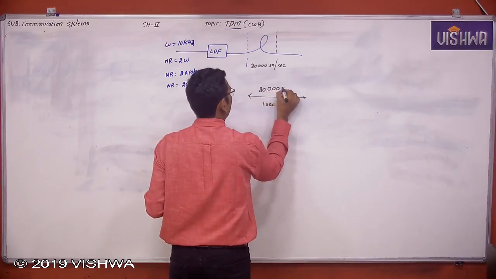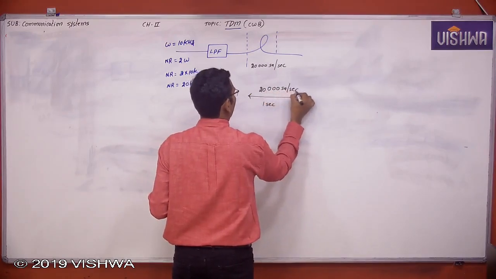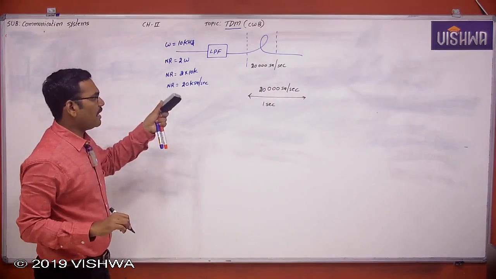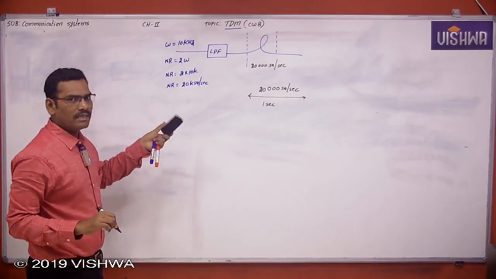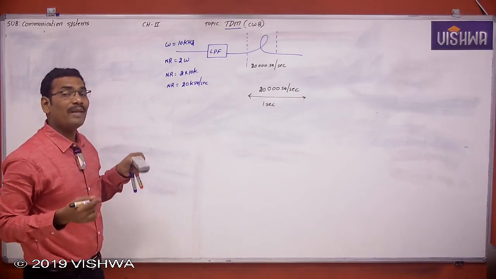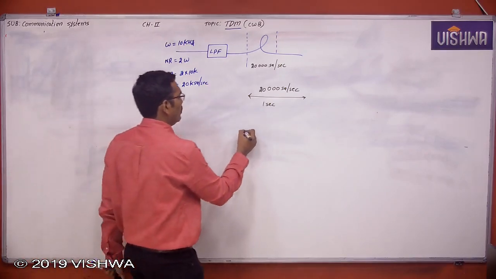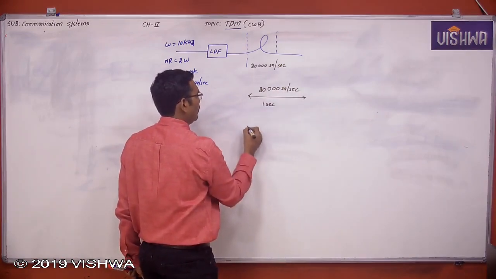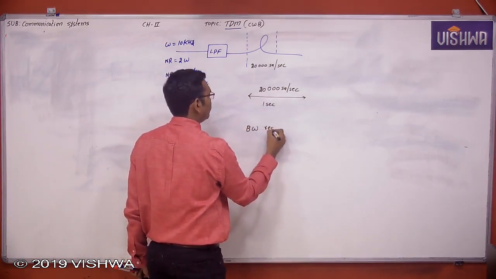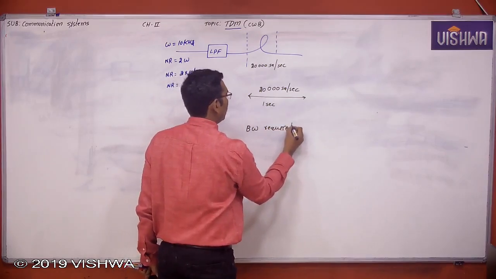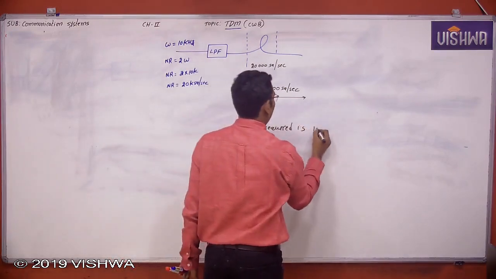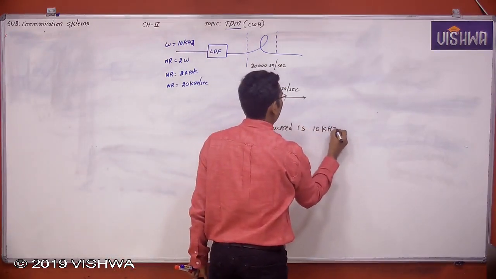20,000 samples are transmitted. Now you tell me, to transmit 20,000 samples over a duration of 1 second, how much bandwidth is required? The bandwidth required is the basic signal bandwidth itself, 10 kilohertz.